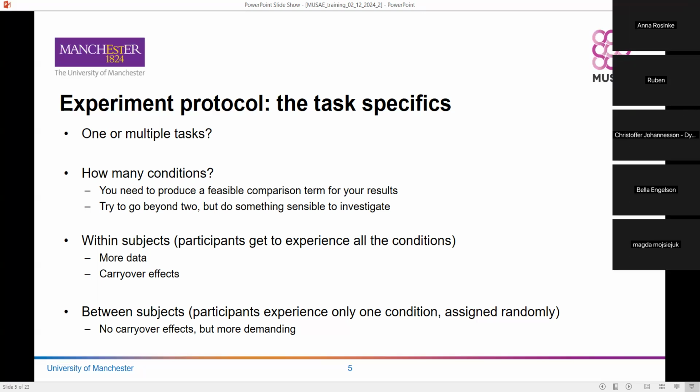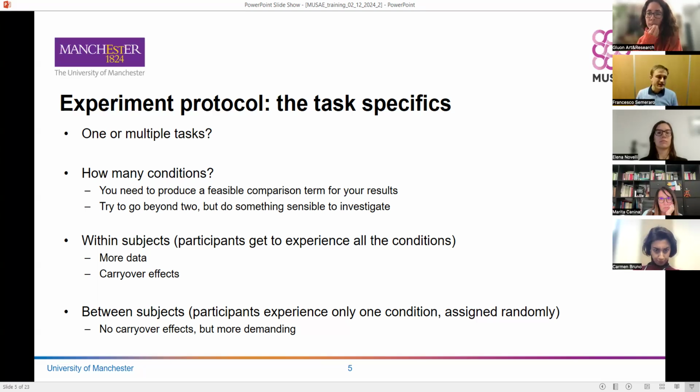Between subjects doesn't have carryover effects because people get to experience the task only once, the interaction only once, but it is more demanding because now for a person you get only one measurement. So you need more people to collect a good amount of data. These are all aspects that you need to take care of, and you have to choose which features best apply to your case study.